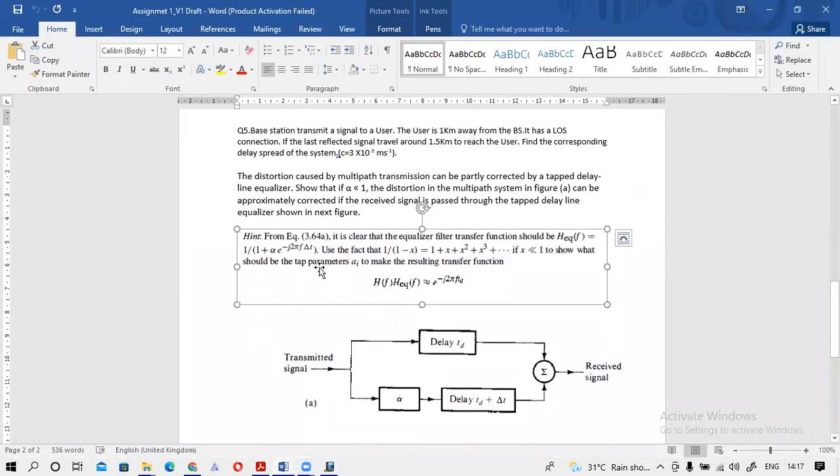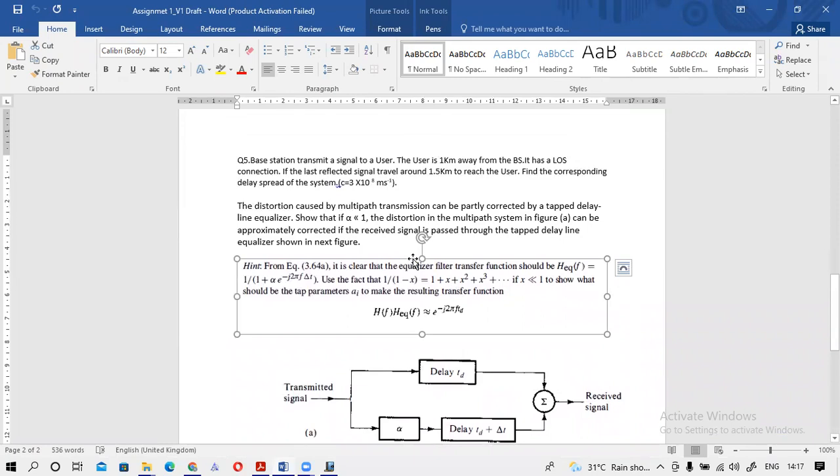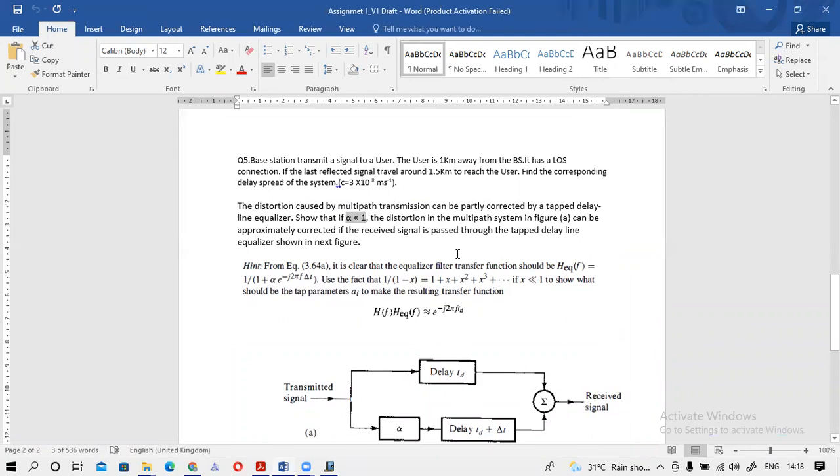So we can see that we can equate this transfer function to the general transfer function if this alpha is very much less than 1. So the alpha should be very much less than 1 to have a distortionless transmission.